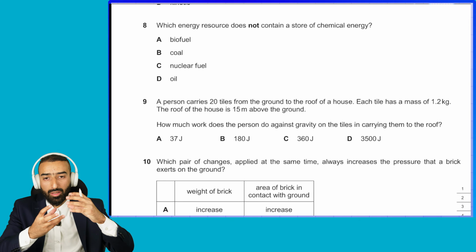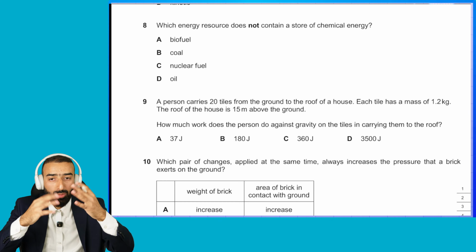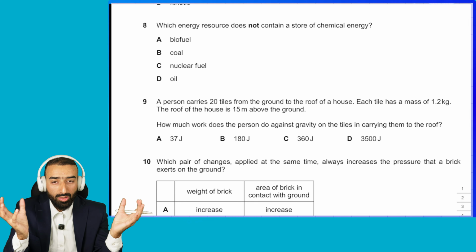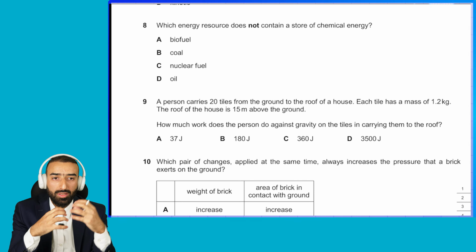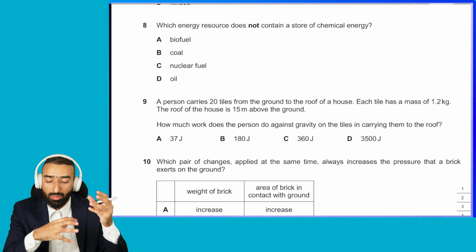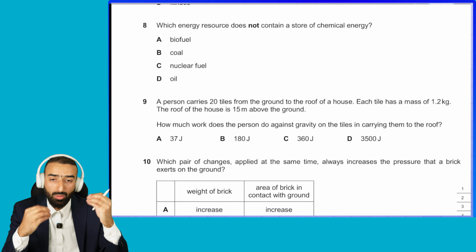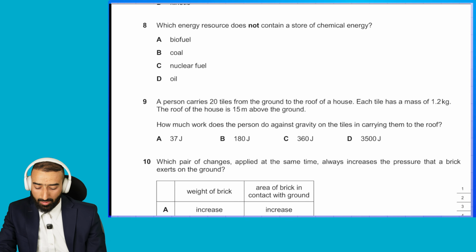If we have a nuclear fuel such as uranium, it's the nucleus that breaks down due to fission, or two nuclei combined together in fusion, that gives us energy. So it's not chemical energy in a nuclear fuel. In nuclear fuel, the energy comes from the nuclear energy itself. So option C is the correct option.